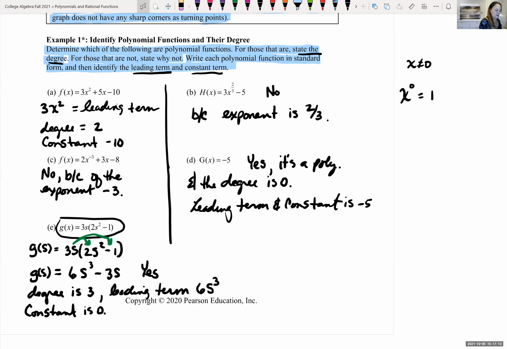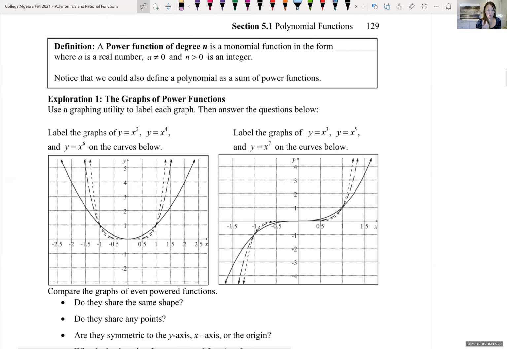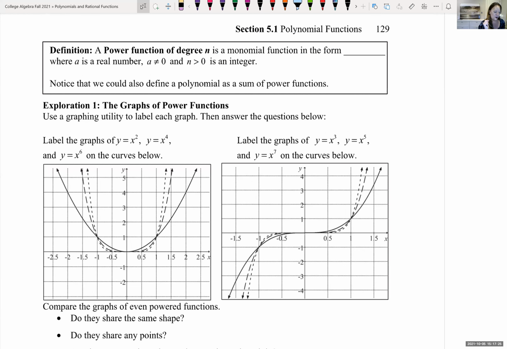Okay, so looking at the following, a power function of degree n is a monomial. So remember, monomial was a term that just has one term. So a monomial function in the form of f of x equals ax raised to the nth power, where a is a real number, a can't be 0, or then we wouldn't have that.